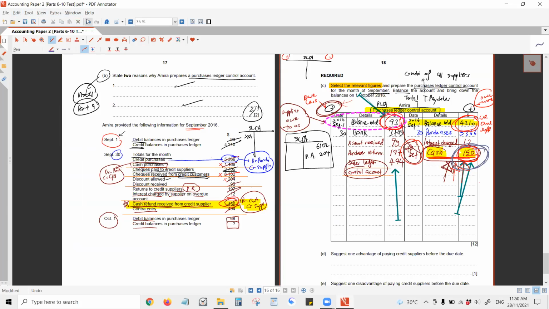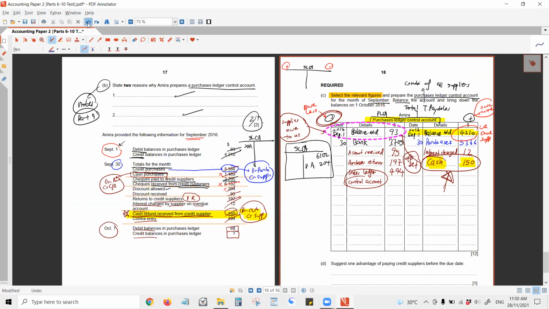Let me erase the writing first, too messy here. Now I can continue.